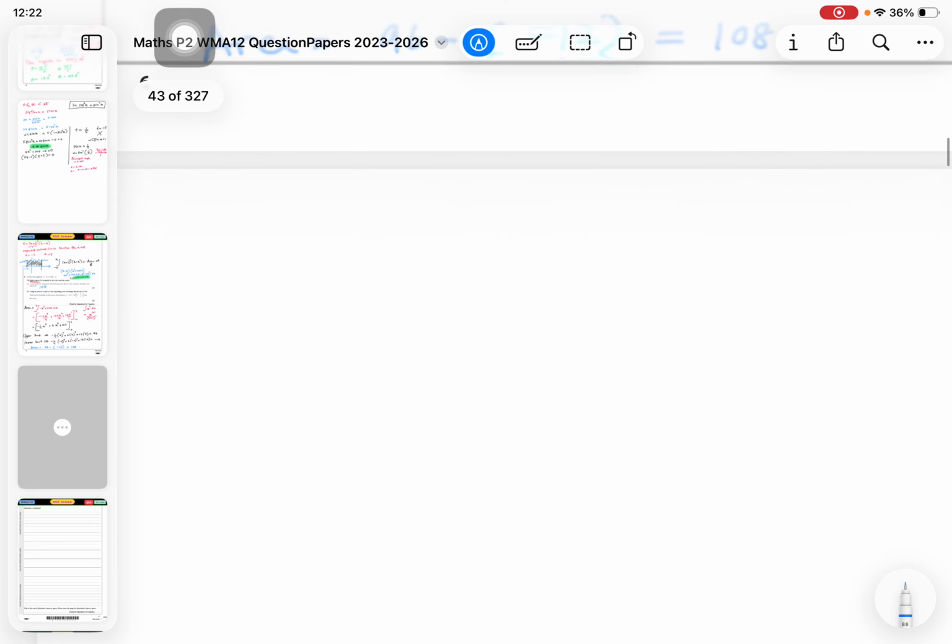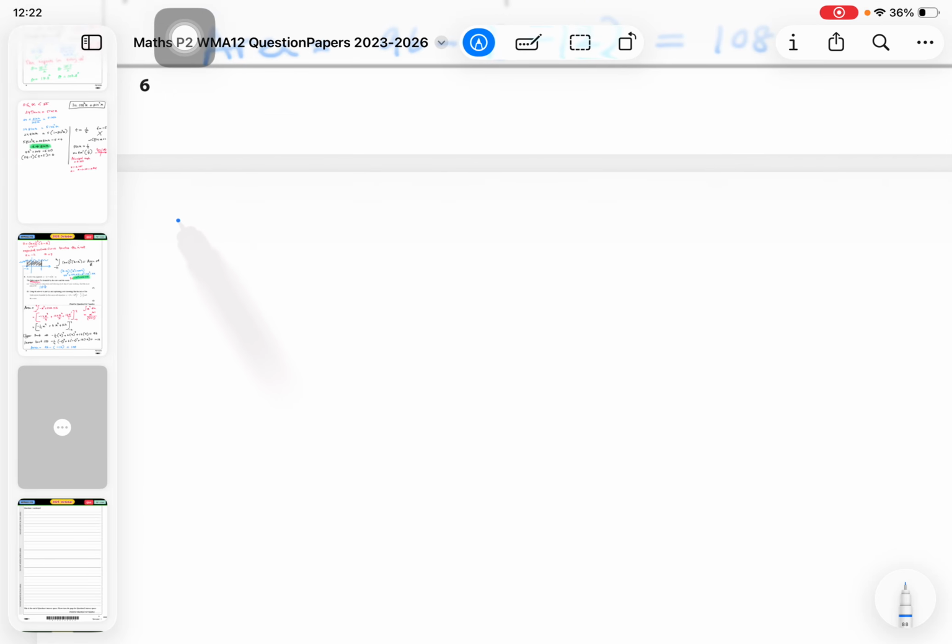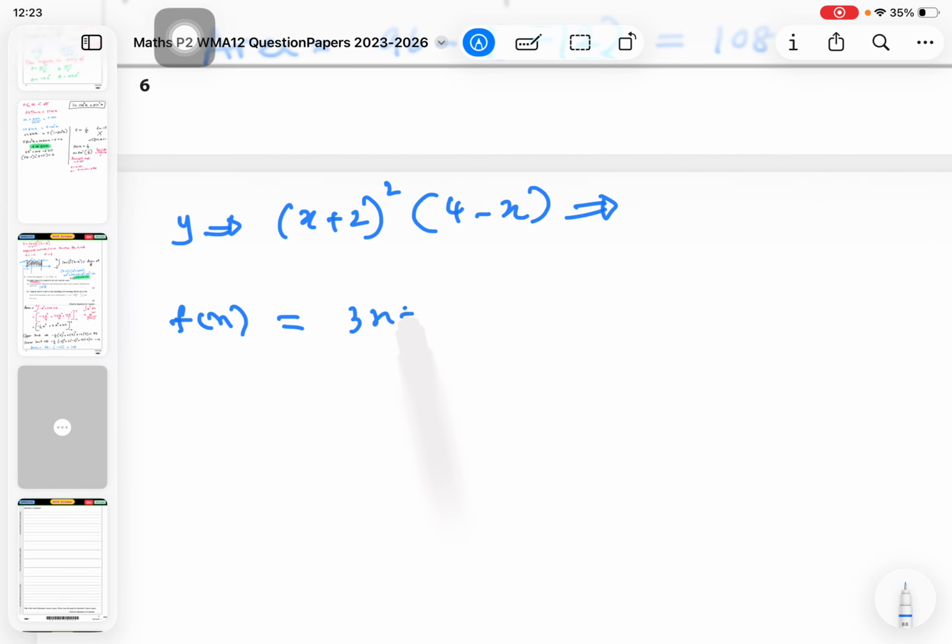So let me write that new equation here. Our previous one was (x + 2)² (4 − x). Our new f(x) is (3x + 6)² (2 − ½x). I can slightly see that these two interrelate, so let's see how, one by one.